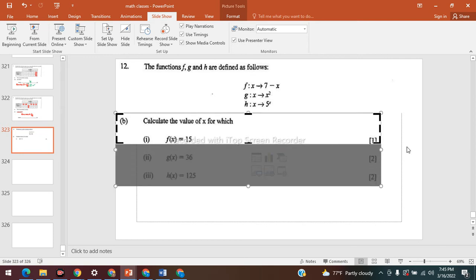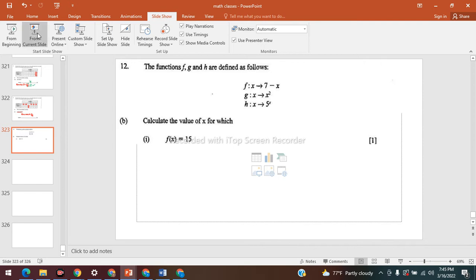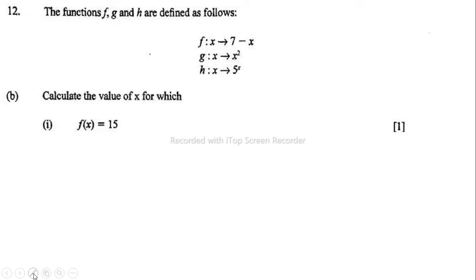So you all know it immediately. What they're saying is, we have this function, 7 minus x. They're basically saying, what must x be such that when I put it inside this equation, I get 15?